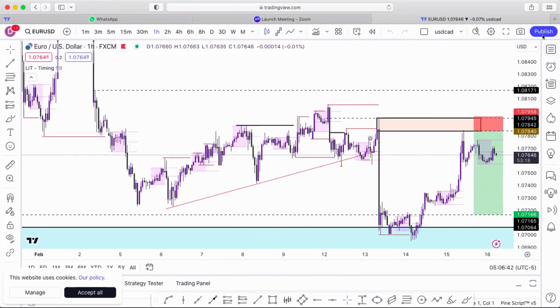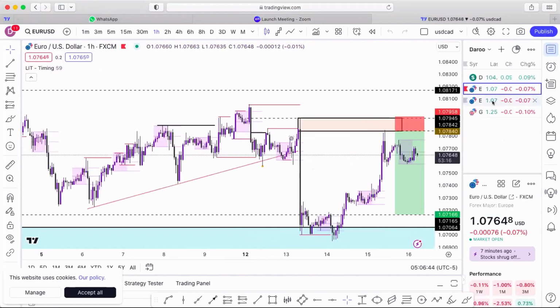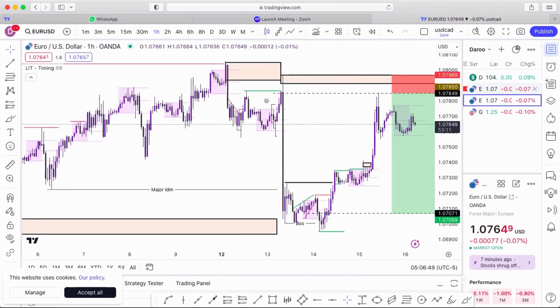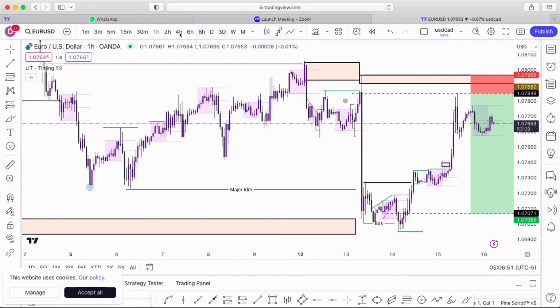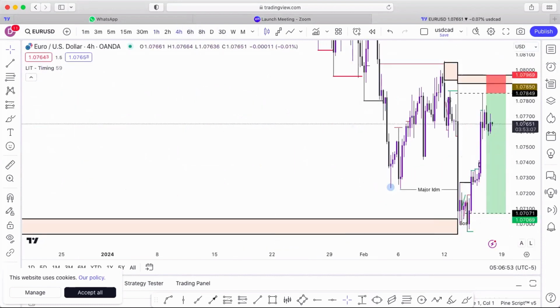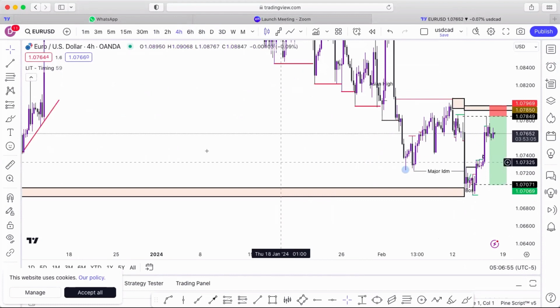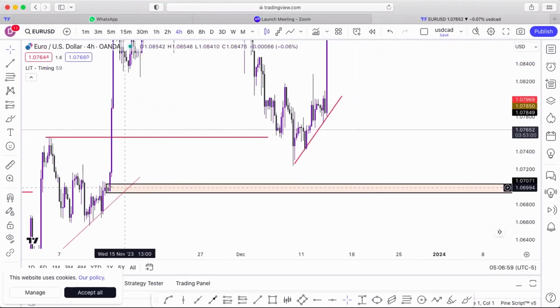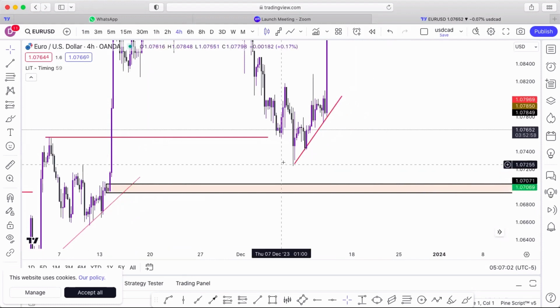I have two different charts. Here is what I was talking about. You see this OB?